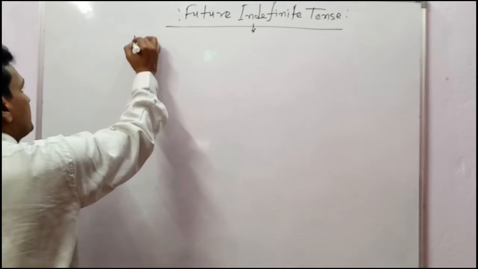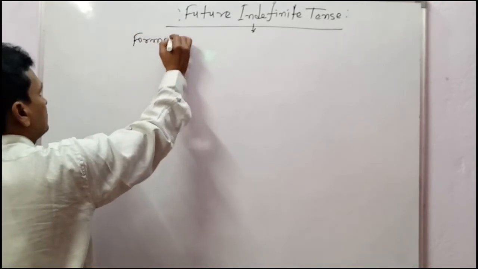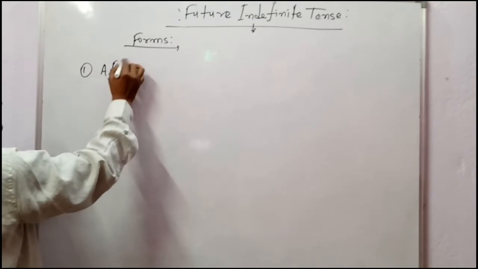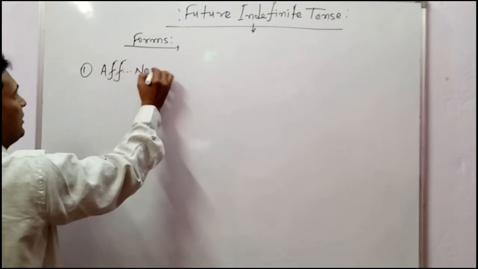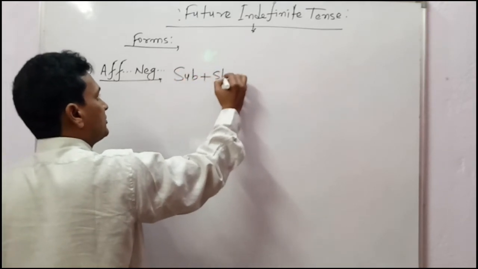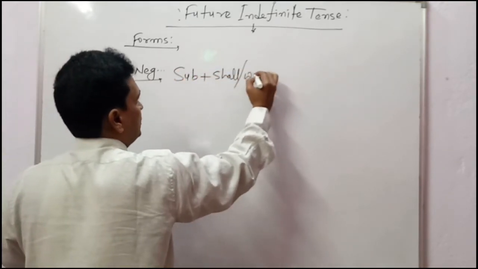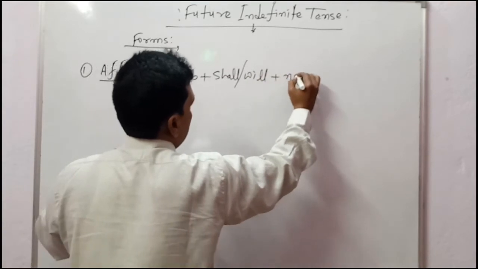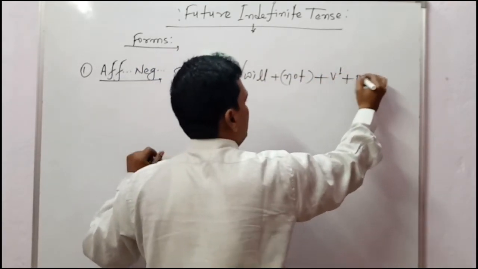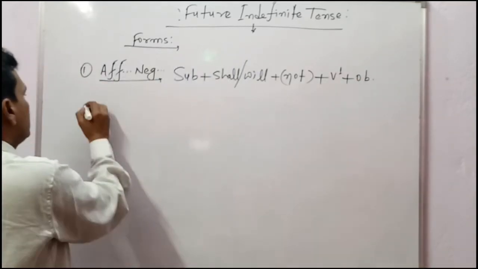Let's do its forms. Its first form, affirmative and negative, right? That is subject plus shall, will plus not in brackets, first form of the verb and object, right?